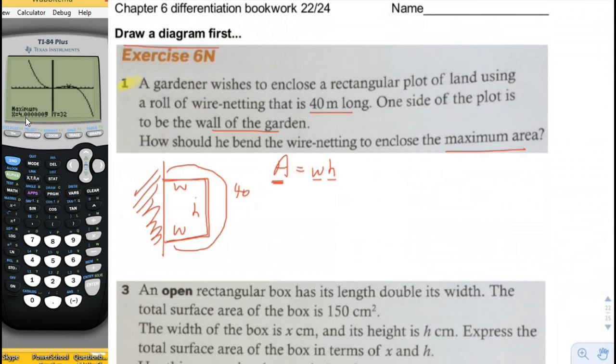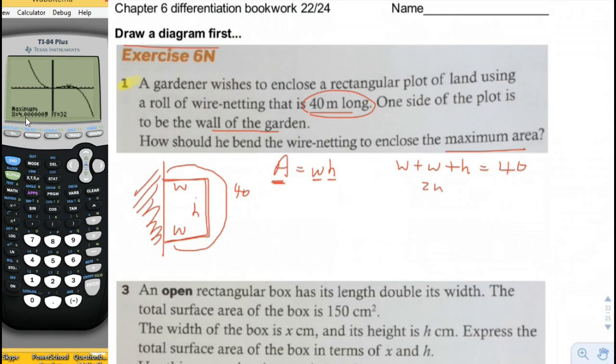The only way we can figure out what the optimum area is if we eliminate either the W or the H. How do we eliminate the W or the H? Well, look here. We have something that can relate W to H and the length 40 meters. It looks like if we add the two W's and an H, we should get 40 because that's how much fencing we have.